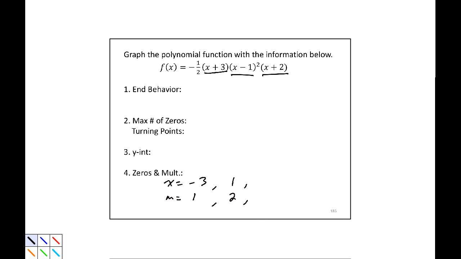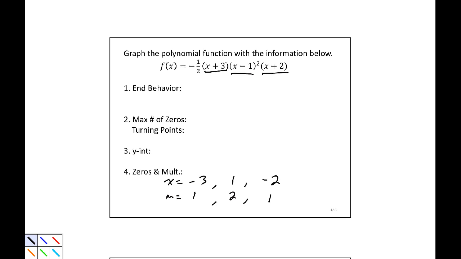And the last factor, x plus 2, tells us that x equals negative 2 is a zero with a multiplicity of 1. Now, if you add those multiplicities, we get 4. So that means that n is equal to 4. So this has an even degree with a leading coefficient that is negative, so that this falls to the left and falls to the right.